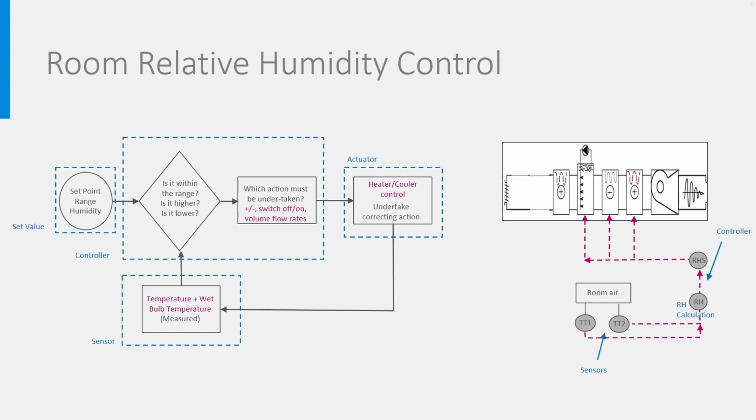First, it must calculate the relative humidity using the two temperatures. If it is too low, humidification can be activated, for instance by switching on the pump of the adiabatic humidifier. If the humidity is too high, then cooling and reheating must be activated.